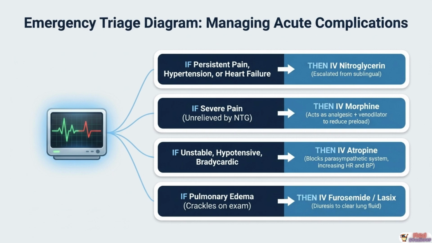Complication 3. If pulmonary edema develops, bibasal crackles, oxygen desaturation, frothy sputum, indicating acute left ventricular decompensation from massive anterior wall ischemia, intravenous furosemide provides urgent diuresis to clear pulmonary fluid and reduce pulmonary capillary wedge pressure.